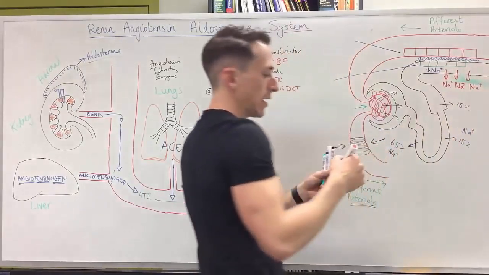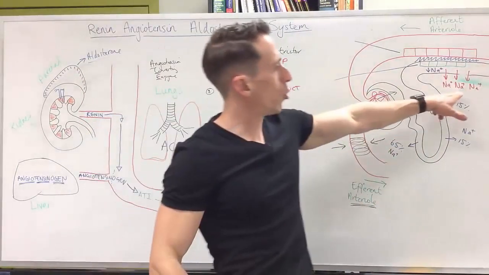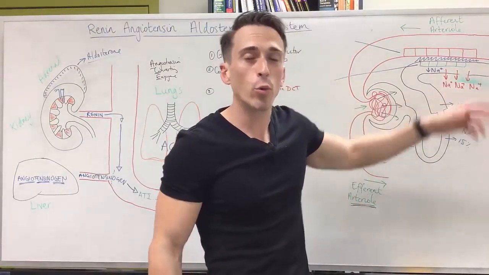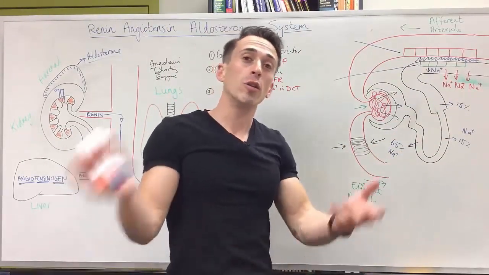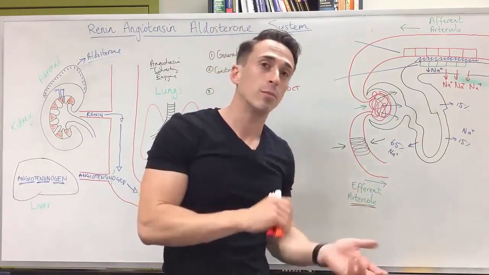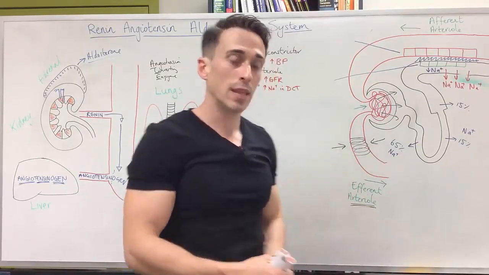Now, why would we want that? If our blood volume's low and our blood pressure is low, why would we want to throw more sodium back into the body? Well, remember, wherever sodium goes, water follows. Therefore, sodium back into the blood, water back into the blood, increase blood volume. That's the outcome.